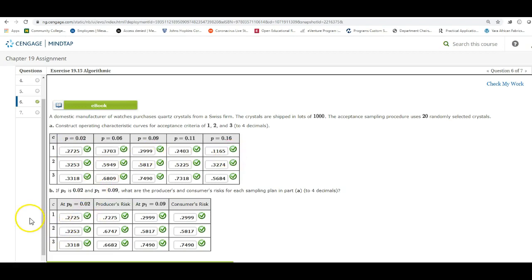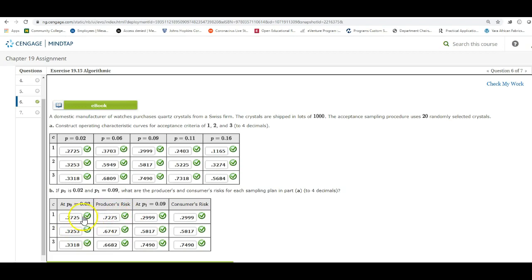In part B, we define two different probabilities. The probability of the acceptable target defects, in this case 2% or 0.02. So the probability of acceptance in this case is the same as the probabilities of acceptance that we got here, even though they're not actually correct.